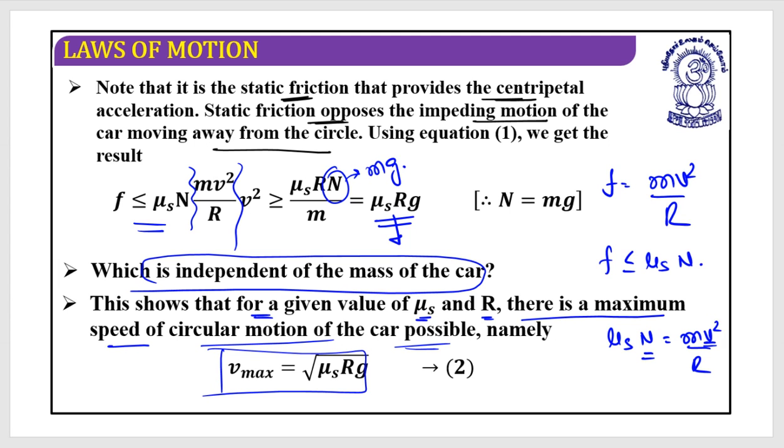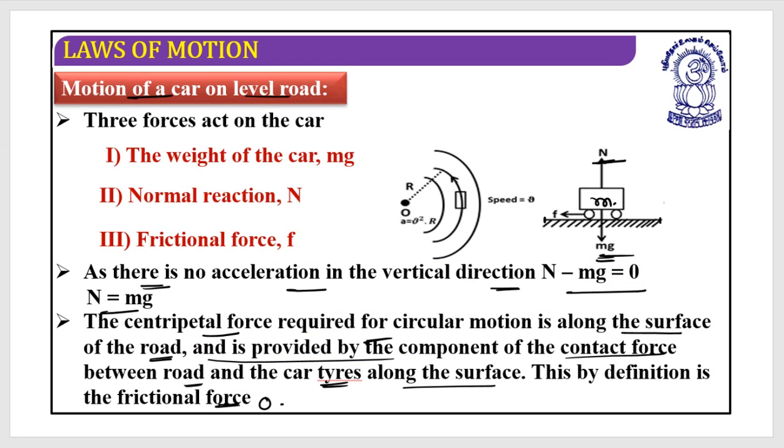If your speed exceeds this, you are going to be thrown away from the circular path. Why? Because as soon as mv square by r increases, F is fixed, because it is mu_s into N, which equals mu_s into mg only.